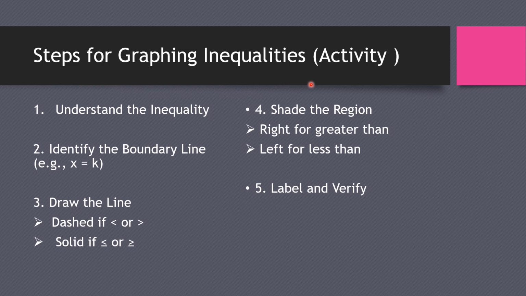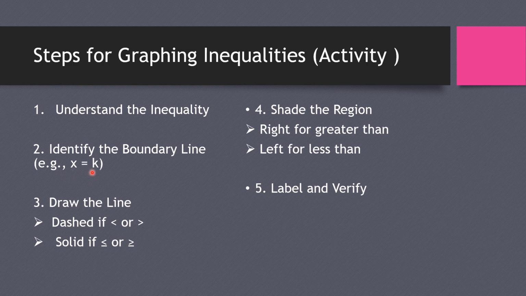This is an activity for us. First one, we have to understand the inequality that we are working with. Number two, identify the boundary line. You can only identify the boundary line by turning the inequality sign into just an equal sign.